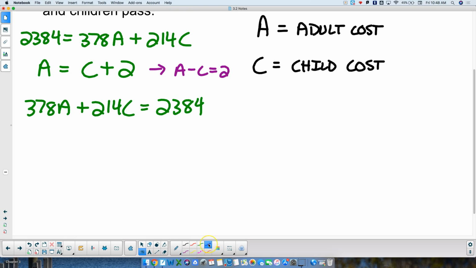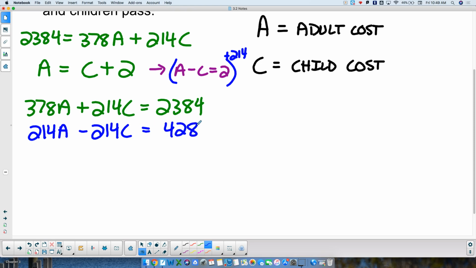And I'm going to multiply that by negative 214. Oops, excuse me, no, positive 214. The C is already negative. So that gives me 214A minus 214C equals 428.